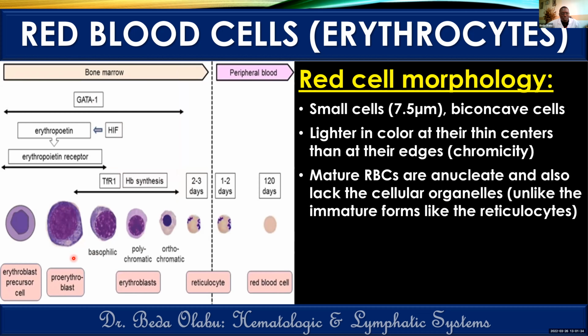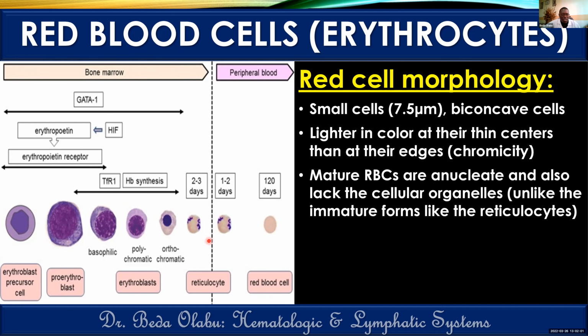In the path to the formation of red blood cells, the immature forms are largely within the bone marrow, so they're not released into the peripheral circulation. Those immature forms, as we can see, will have a nucleus. But the nucleus disappears at some point.